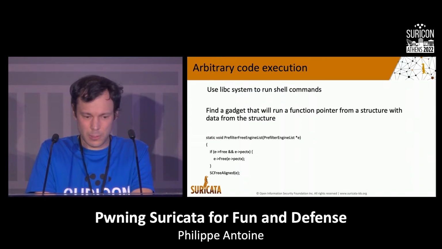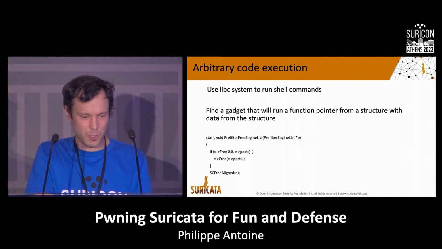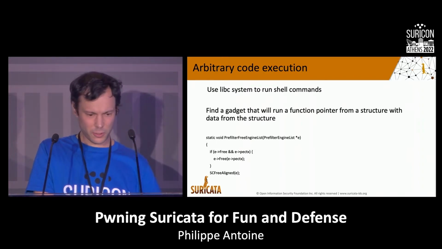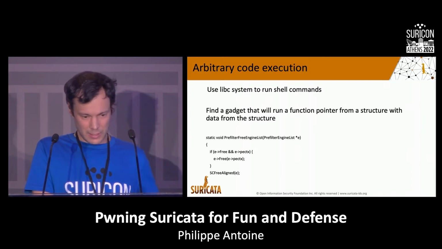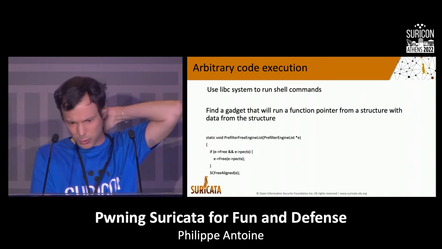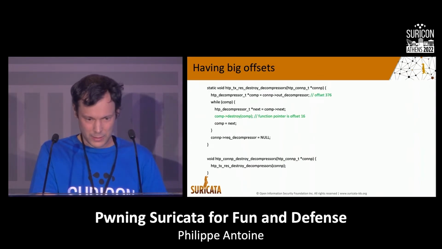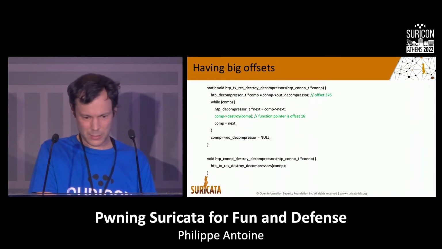So to get the arbitrary code execution, I want to use the libc system function to run shell commands. And I want to find a gadget that will run a function pointer from a structure with data from the structure. And one which has big offsets.